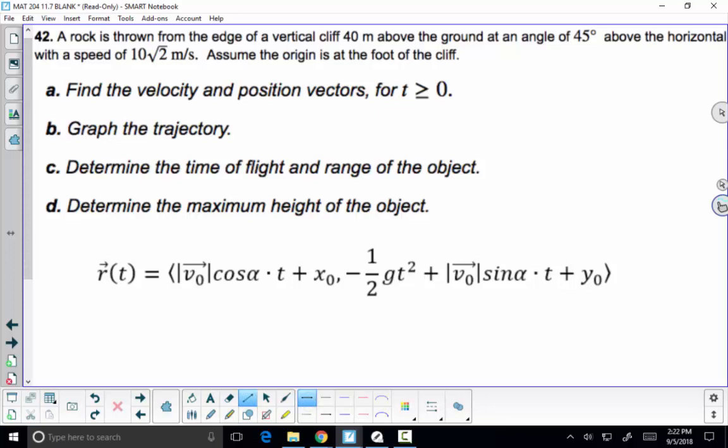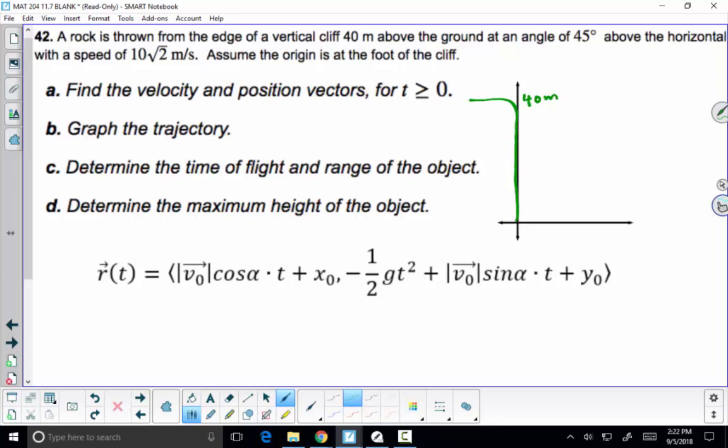So let's just picture this. We're imagining the origin at the bottom of the cliff. So the cliff is like that, and this is at 40 meters high. We're going to toss this rock off, and the angle is 45 degrees. 45 up or down, above the horizontal?